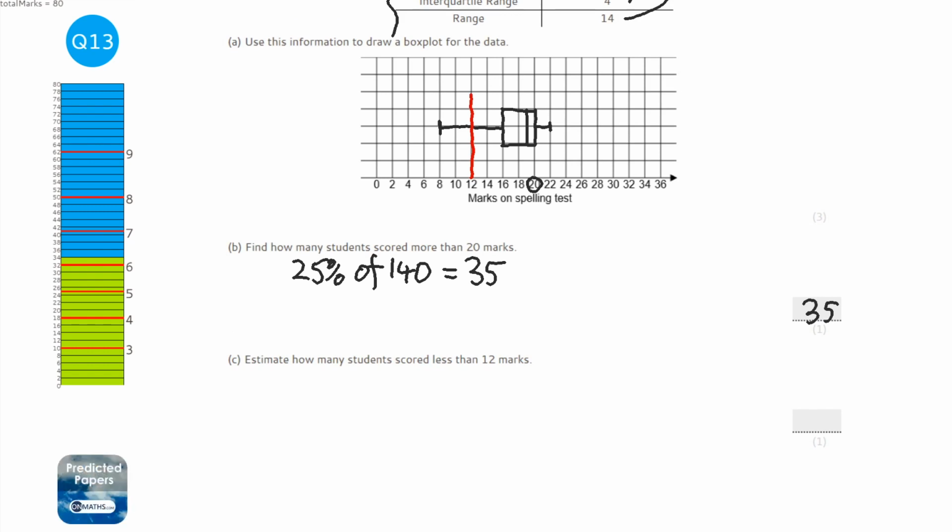Now we can't really say 17.5, that doesn't make much sense. So on this question I would expect that you could either write 17 students or 18 students. And what am I going to say? I'm going to say 17 students. It doesn't actually matter which one you write down, because you've shown that it's 17.5, well, you can't get half a student, so let's go for 17, or let's go for 18.